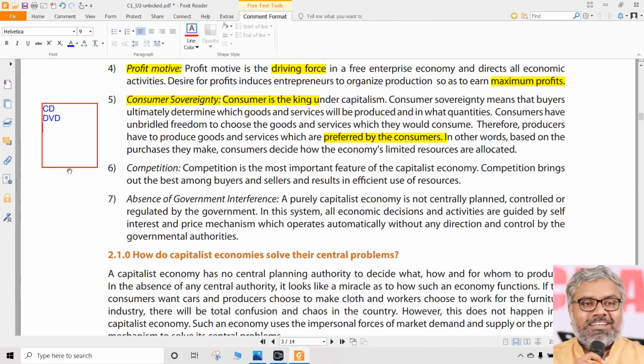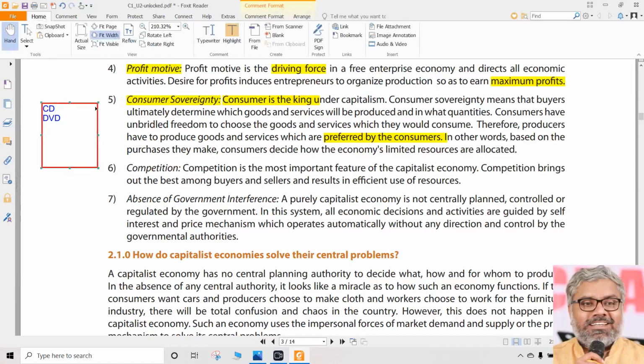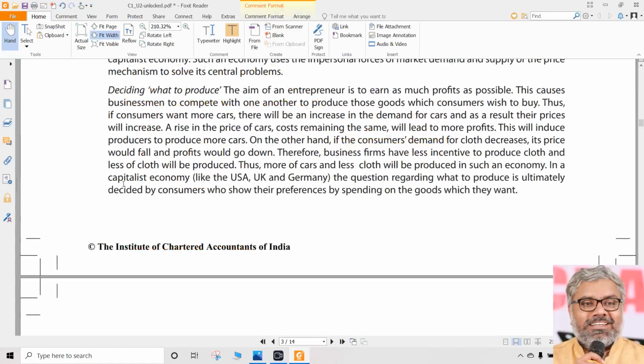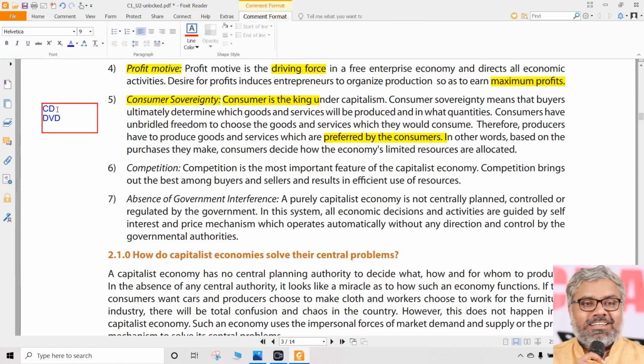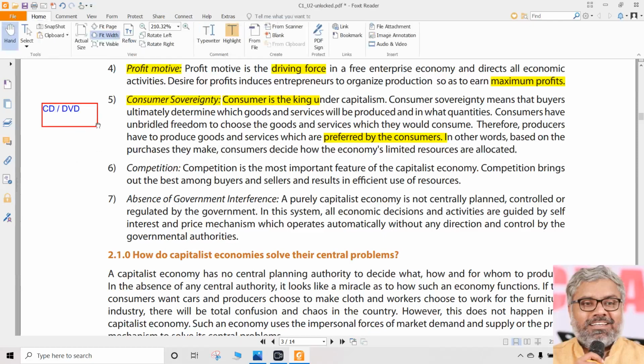Consumers have literally nowadays chosen not to really worry about these types of products. So will the organizations still manufacture them? Will they really manufacture them still? Answer is no. Why? Because there is no demand for such type of products. So whether it is a CD or DVD, there is no demand. So what happens? Naturally, no industrialist, no company will manufacture them.